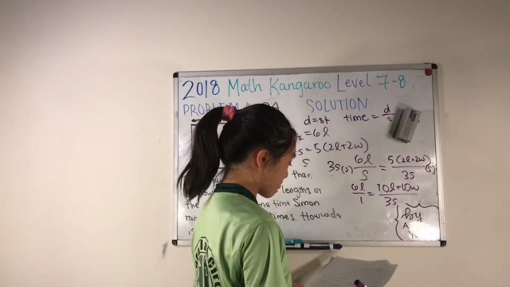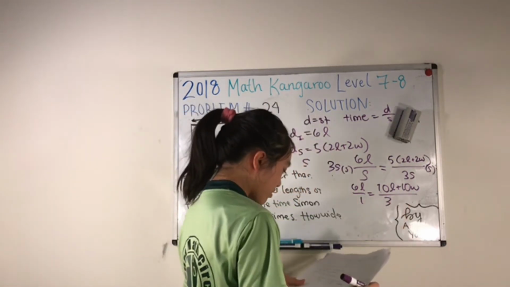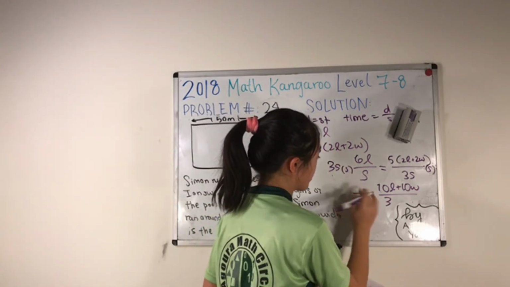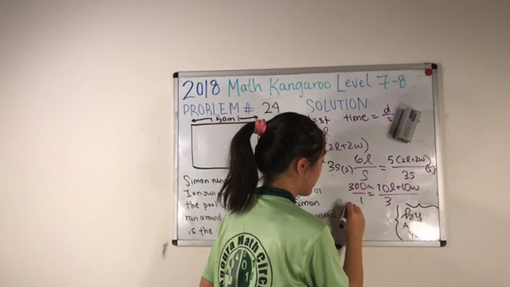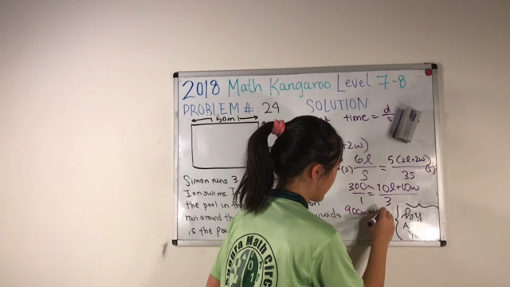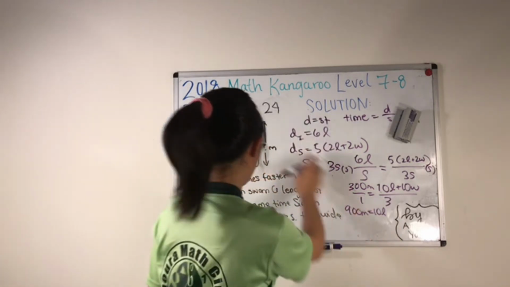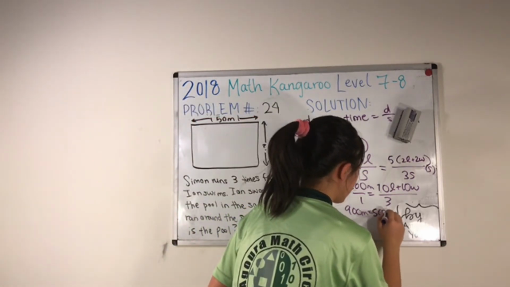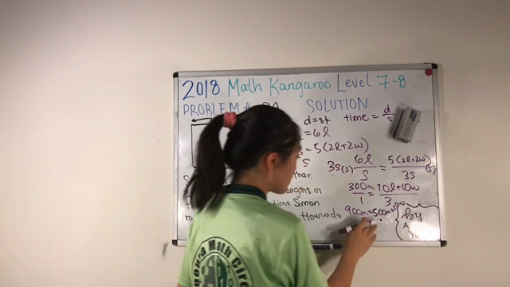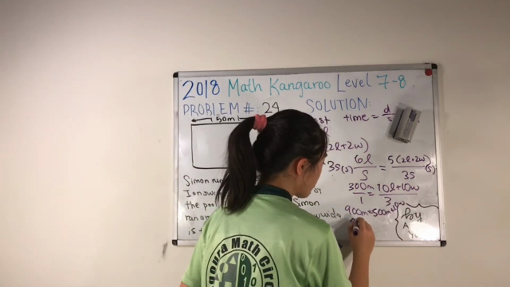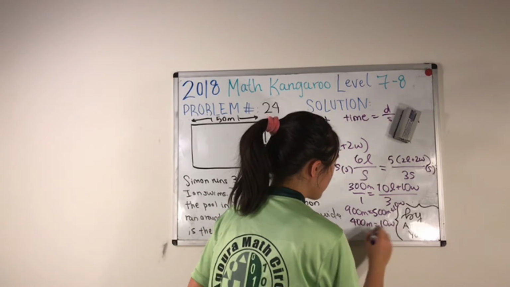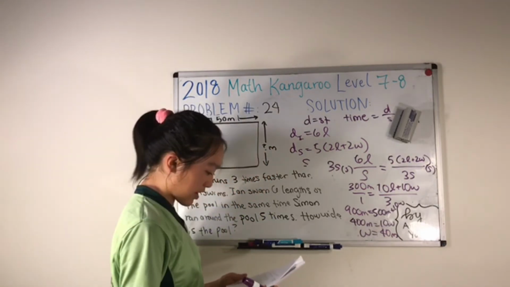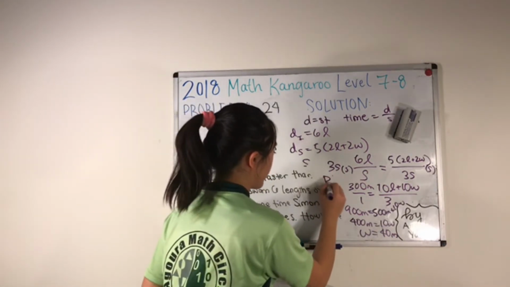So 300 times 3 is 900 meters, equal to 10L, which if you multiply by 50, you get 500 meters, plus 10W. And that means if we subtract 500 from both sides, 400 meters equals 10W. So the width is equal to 40 meters if you divide both sides by 10. And that gives us our answer of 40 meters, which is letter B.